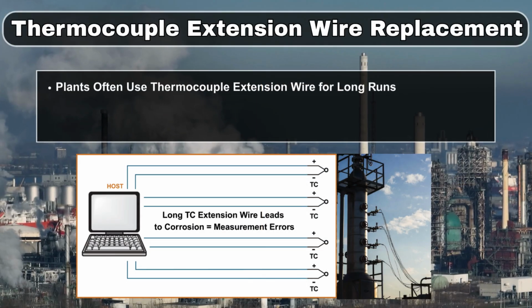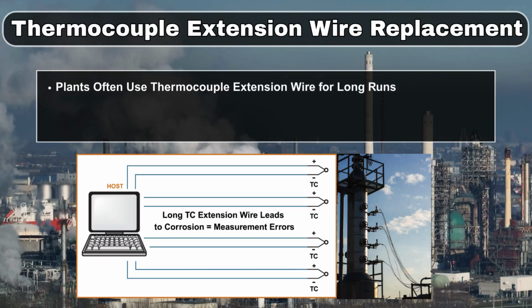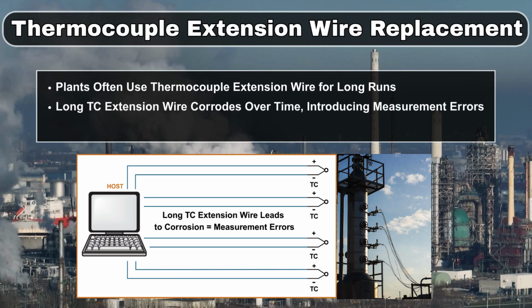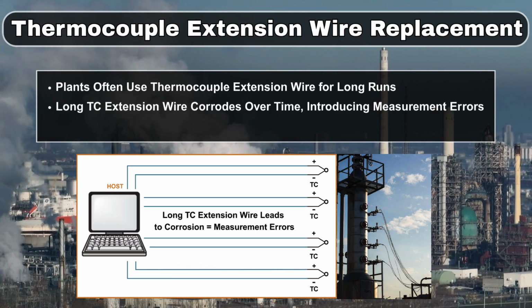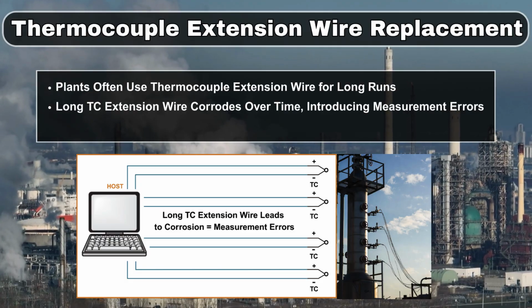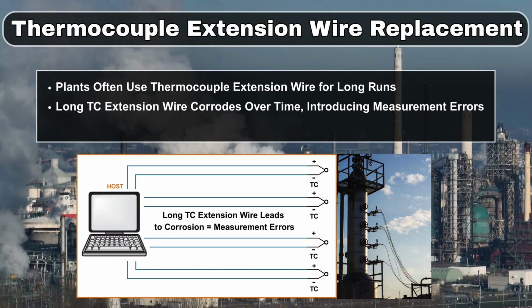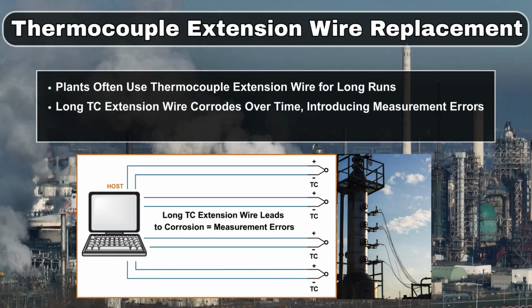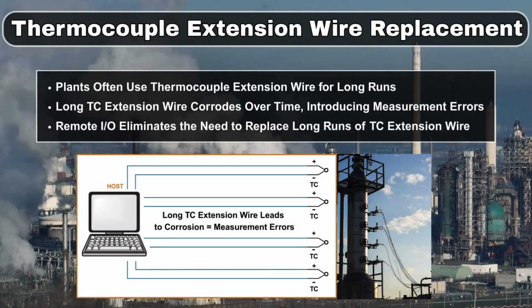In many plants, thermocouple temperature measurements are brought back to the control system over long runs of thermocouple extension wire. Over time, that wire corrodes, and when it does, it introduces significant measurement errors that are notoriously difficult to track down. At that point, you have a choice. Replace the extension wire in kind and accept that the same corrosion cycle will happen again, or use remote I/O to solve the problem permanently.